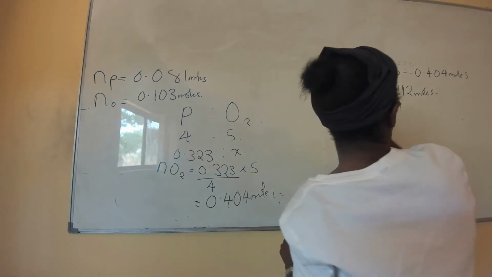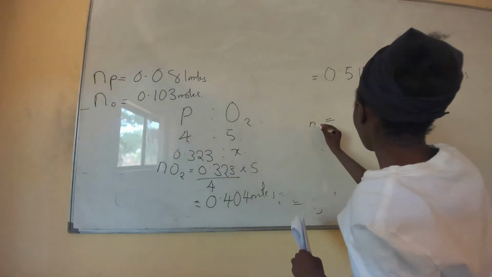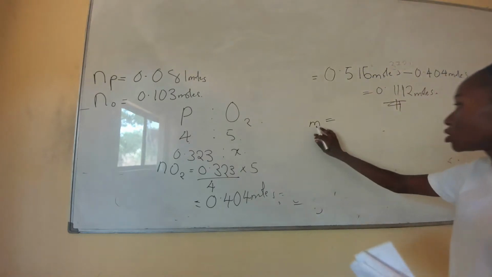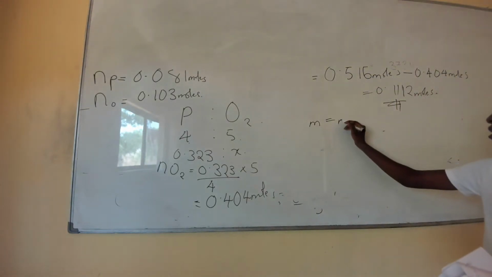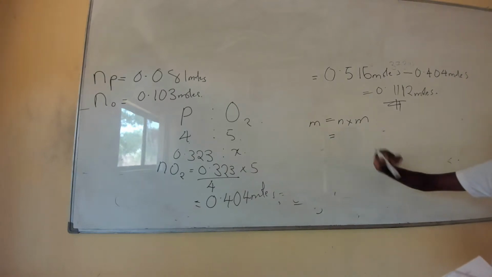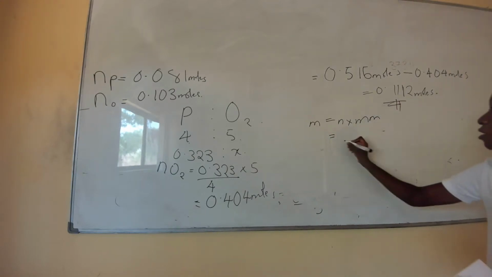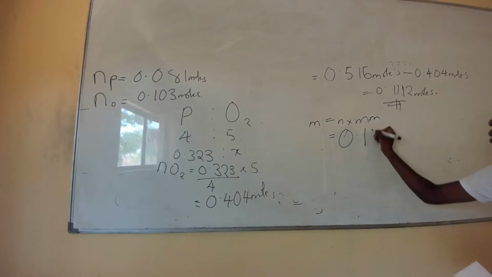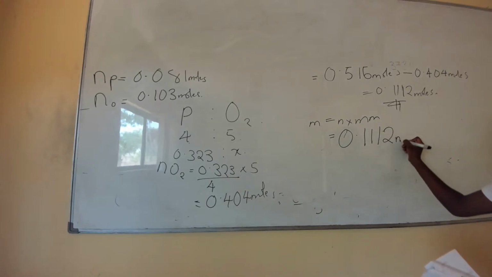But in this case, we're not looking for the number of moles, we're looking for the mass. So after we have the number of moles, we're just going to multiply the number of moles by its molar mass to get the mass. So we have our number of moles as 0.1112 moles.